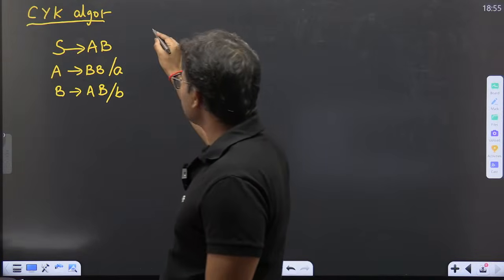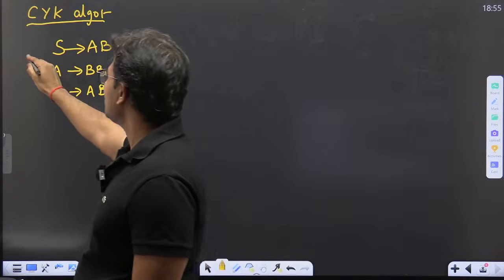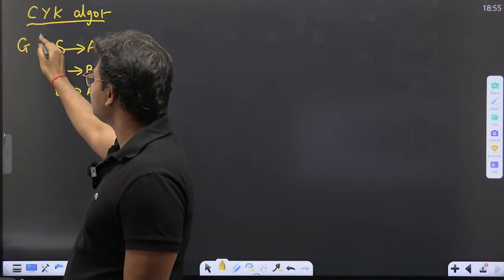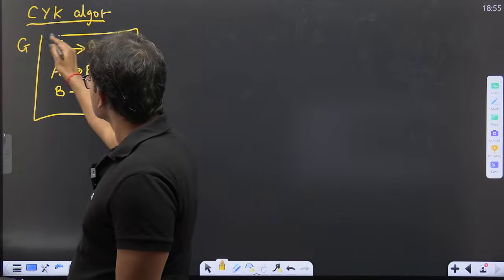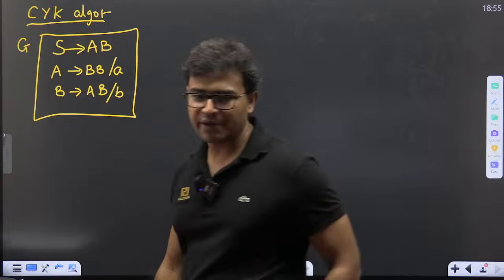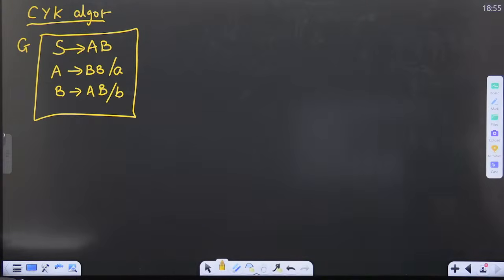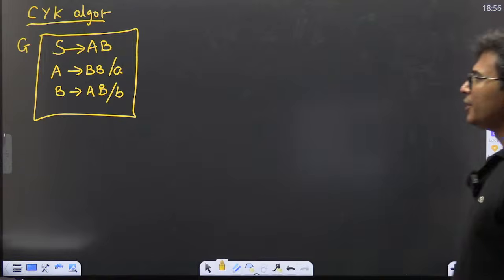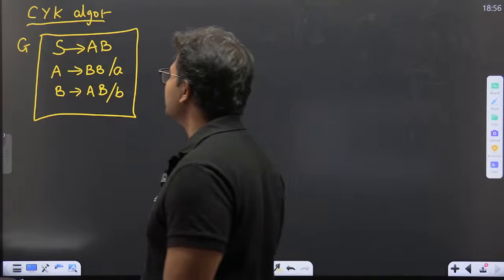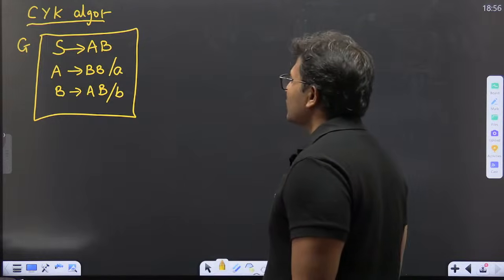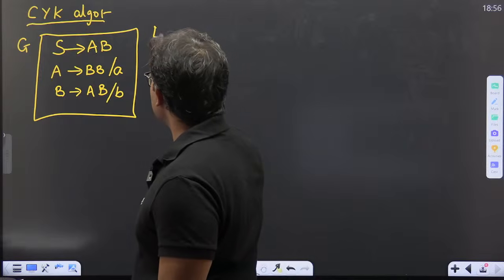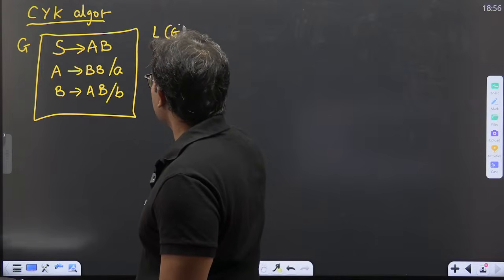Now the question is, if you consider this grammar as G, what is the language generated by this grammar?